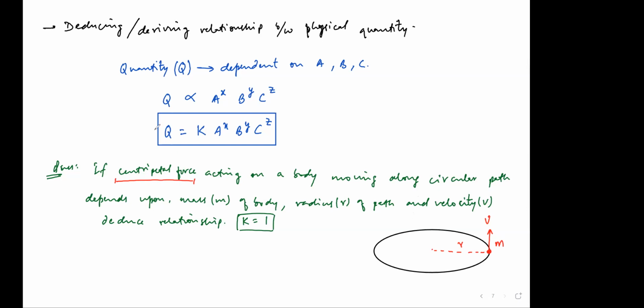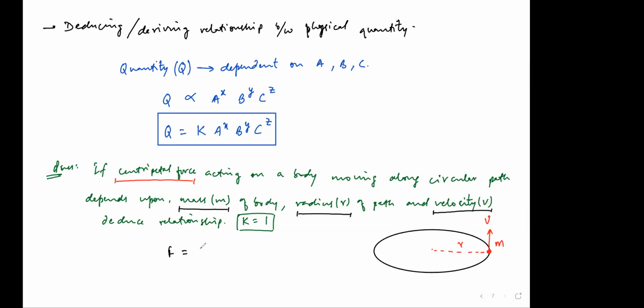Okay. So next is how to relate this centripetal force with these three different quantities. As we have defined for Q here, we have centripetal force here. So it would be F is equal to, on what factors is this force depending? First one is mass, second one is radius, and third one is velocity of the body.